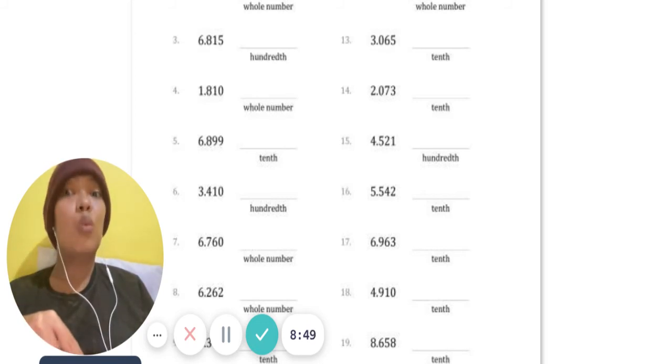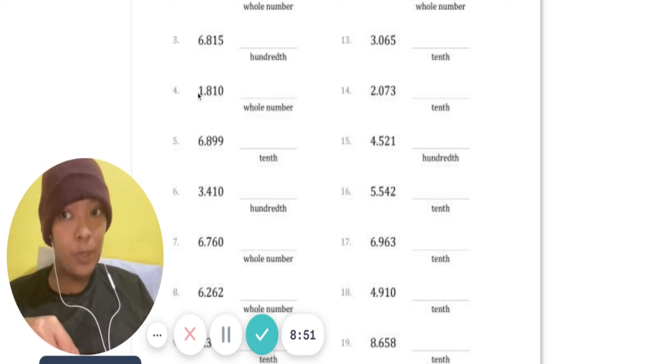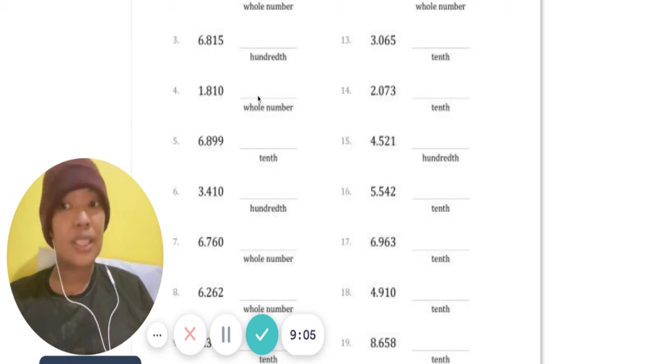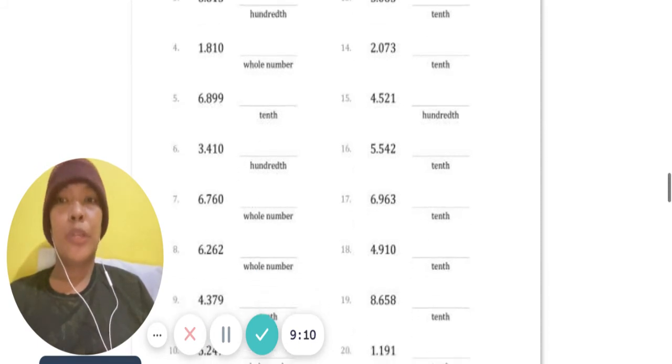So, you add 1 to your whole number. So, your answer is 2. Okay, 2. Pwede nyo rin po isagot 2.000. Tatlong 0. Pero do not forget to put the decimal point. Kasi 2,000 is different from 2.